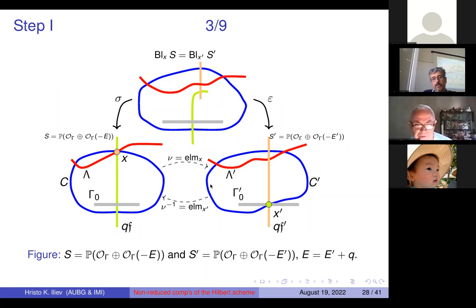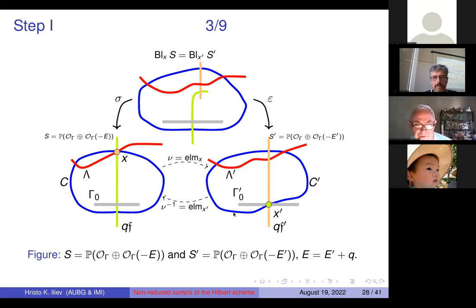If you consider the similar morphism of the root surface S prime to projective space PR-1, it will turn out to be a curve that must pass through the vertex of the cone, because the corresponding morphism collapses gamma prime naught to a point. So this gets collapsed to a point, and in turn, the curve must pass through the vertex.